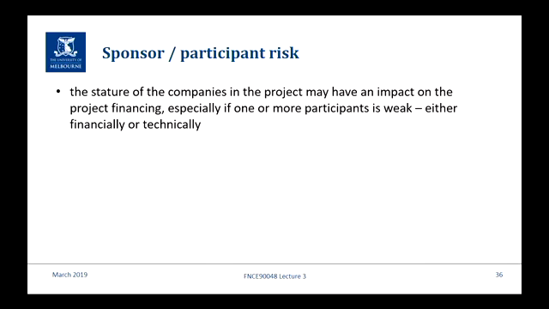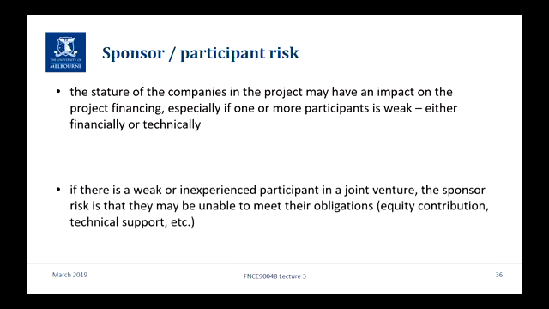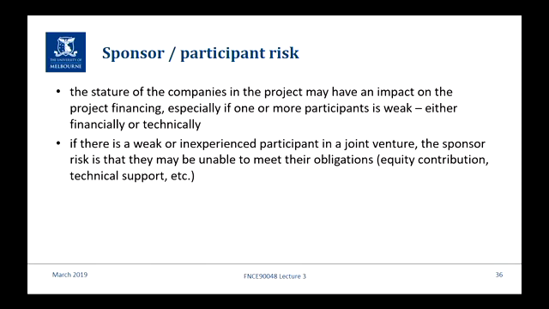Looking at different risks that start in the construction period and are probably concentrated up front, you might consider that there's a risk associated with the sponsors themselves, especially if one or more of the sponsors, the participants, is weak, either financially or technically. They might not be able to meet the obligations that they've agreed to bring to the project.